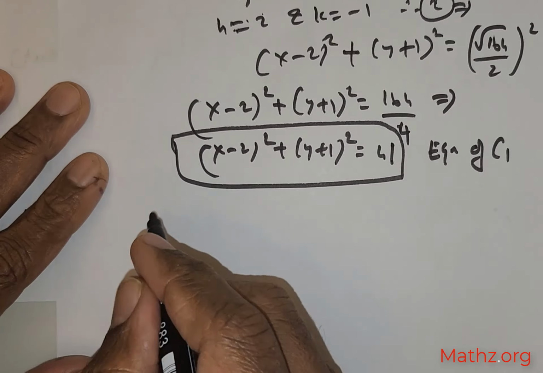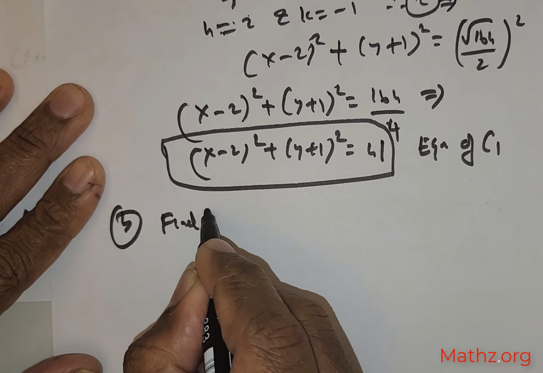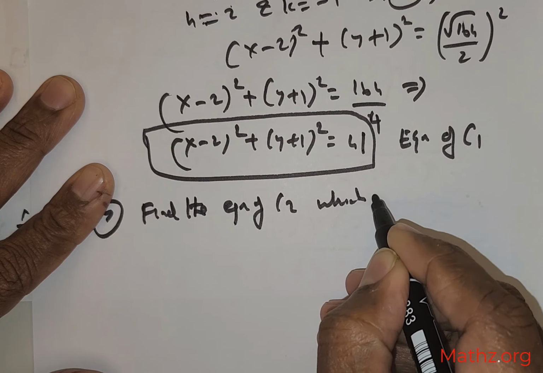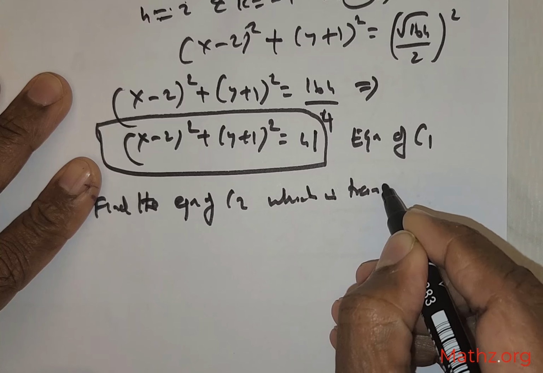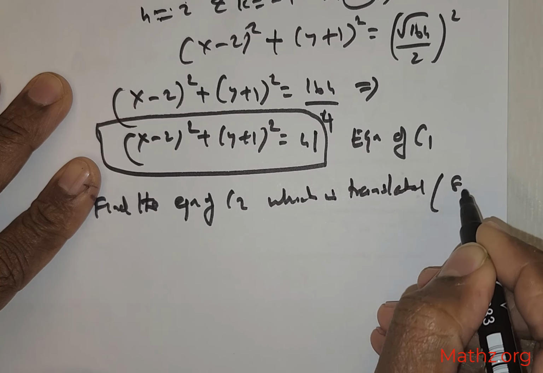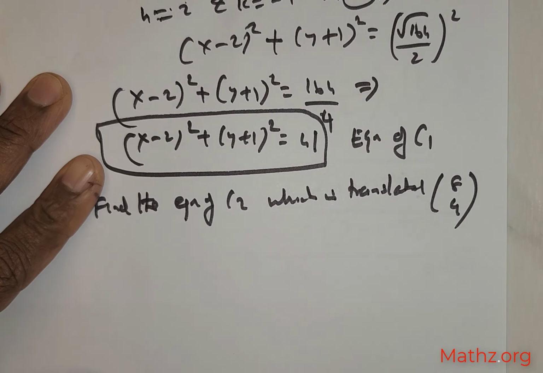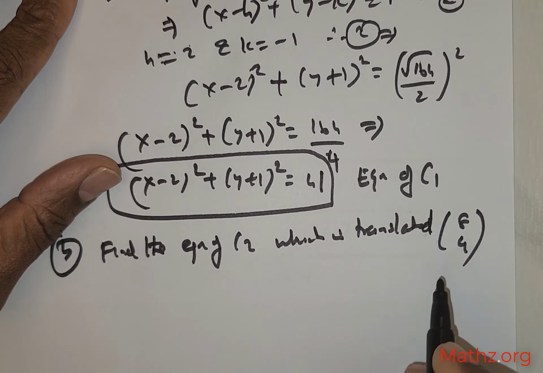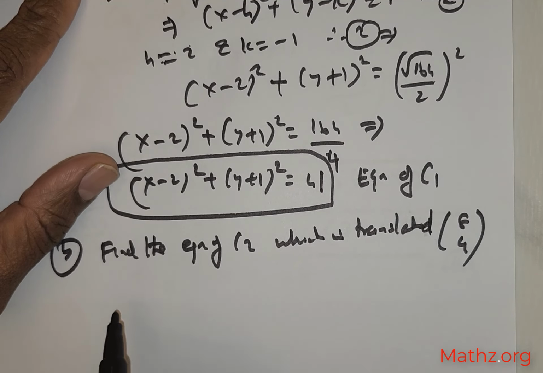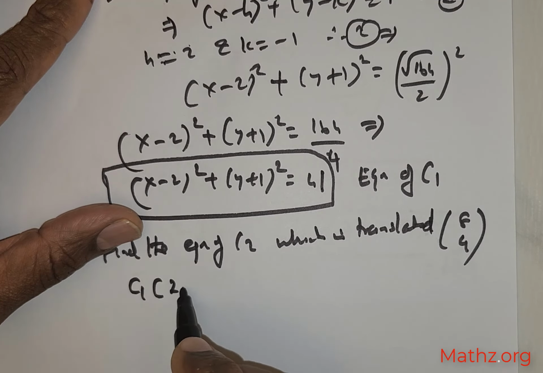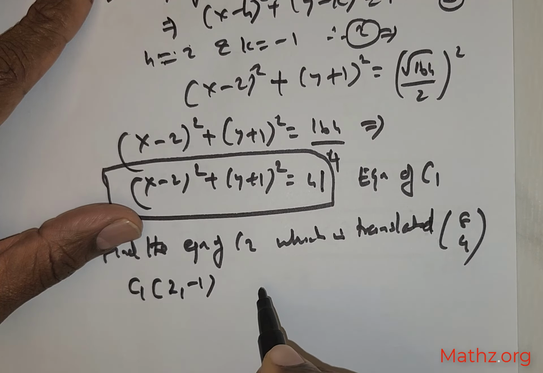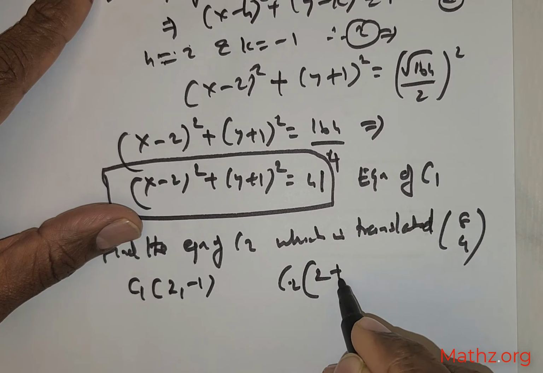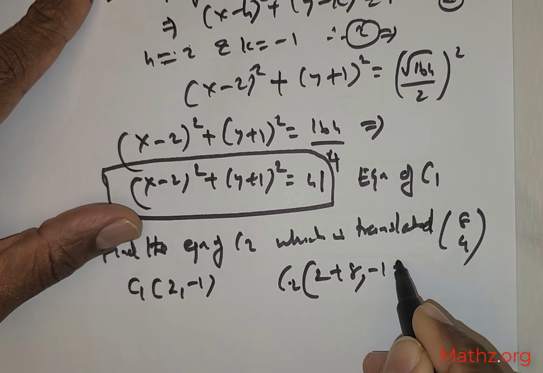That's the next part of the question. Part B is what? Find the equation of C2 which is translated by 8 and 4. Okay, so that is the given parameter. So that means the center C1 has a center of 2 comma negative 1, and to get the C2 center there is a translation of 2 positive 8, negative 1 positive 4.